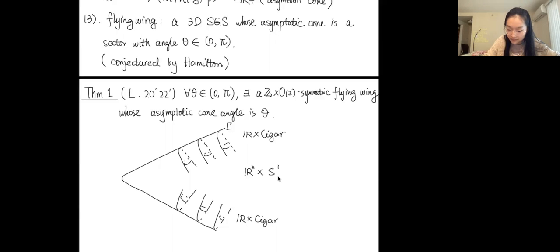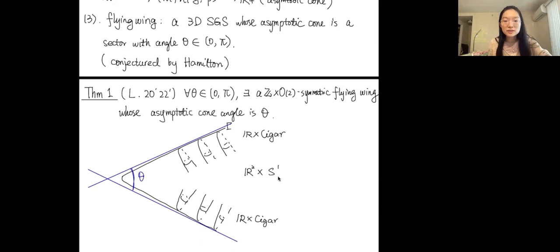And it is asymptotic to the wedge with this angle, the asymptotic angle theta. Any questions or comments here?